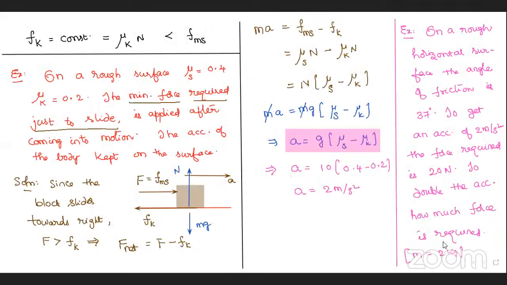If you read the question properly and understood it, then you can solve on your own, without waiting for my method. So you can follow your own method and try to say the answer. On a rough horizontal surface, angle of friction given means I think he gave here some mu. Whether it is useful or not, we don't know.